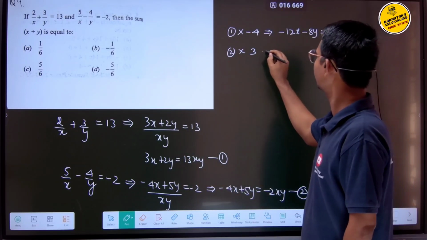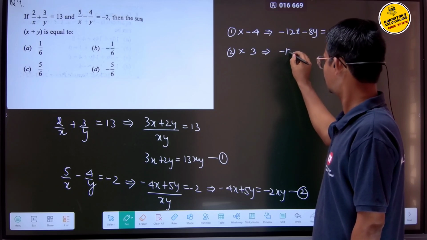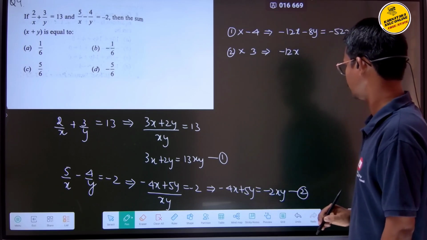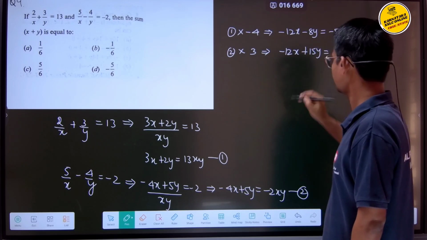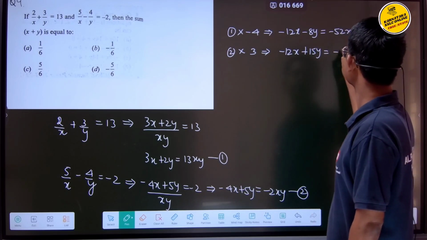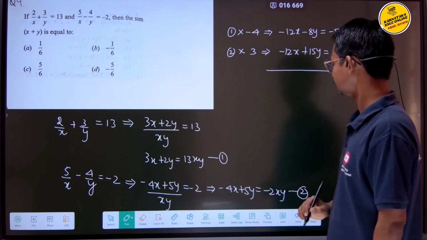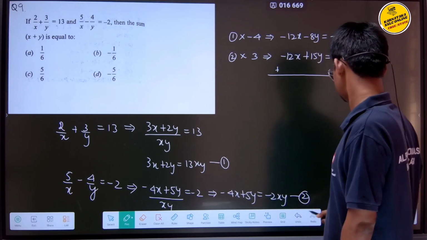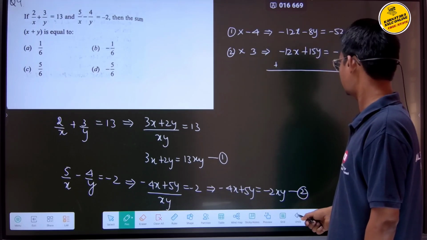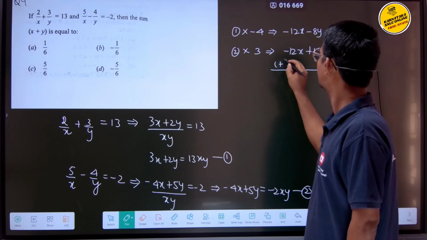Now when I multiply, I'll get again minus 12x plus 15y equals minus 6xy. So I'll change the sign.